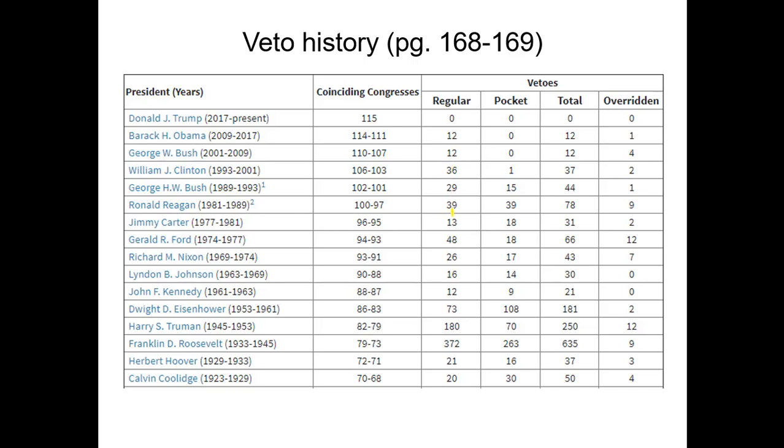As we get into the last couple of decades, considerably fewer vetoes because there's actually been less productivity of Congress. So that kind of makes logical sense. If your Congress is passing fewer and fewer bills, you're going to have fewer and fewer opportunities for vetoes, as well as fewer overriding vetoes as well.